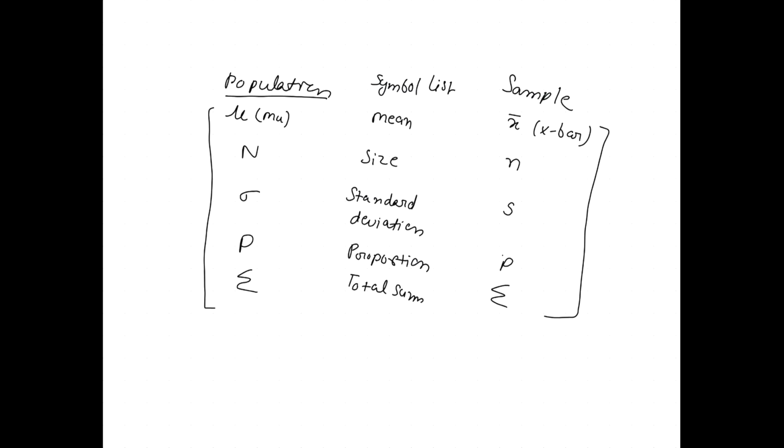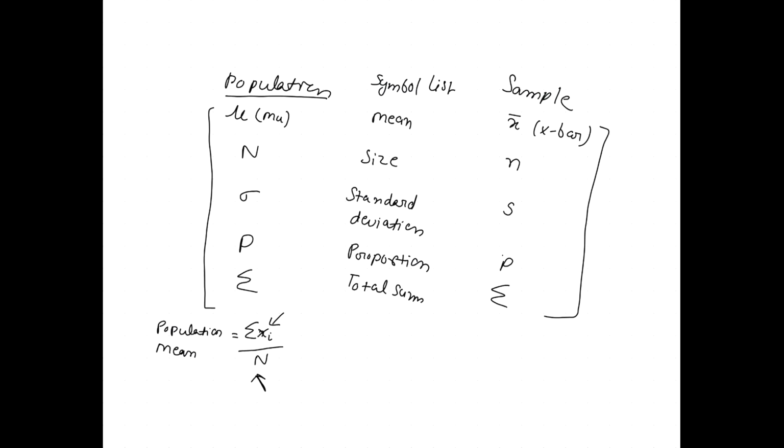Now I will show you the formulas as well. If you want to calculate the population mean, again you can connect it with your donuts. You are calculating the average weight of all the donuts present in your donut store. So it will be something like this: the sum of xi divided by N. These are the weights of each donut, and this is your total number of donuts.